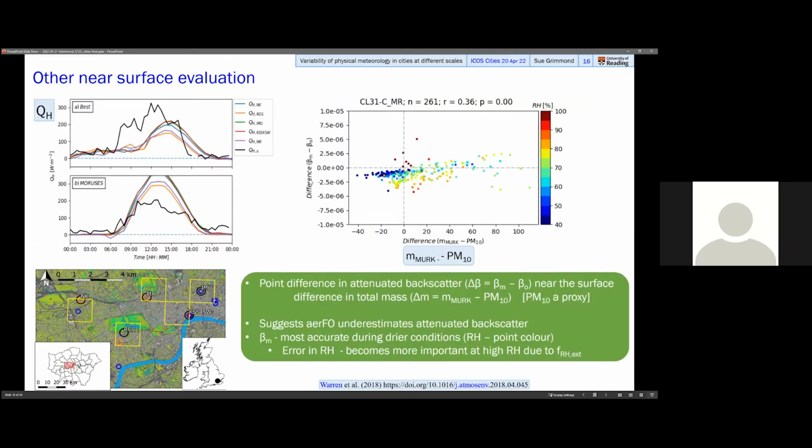So what we need to do is to improve the urban land surface model. So what the Met Office has done is replace the best one-tile scheme with the MORUSES scheme. We can see that the black line is the observations of turbulent sensible heat flux, and that they're getting the timing of the sensible heat flux better using the new model scheme, and we also improve the aerosol concentrations close to the surface.